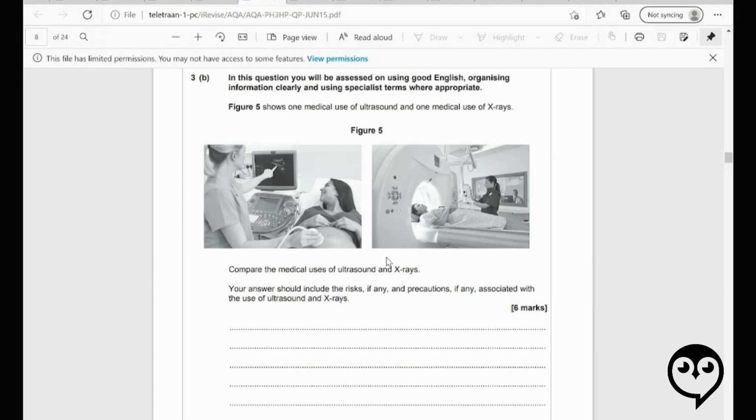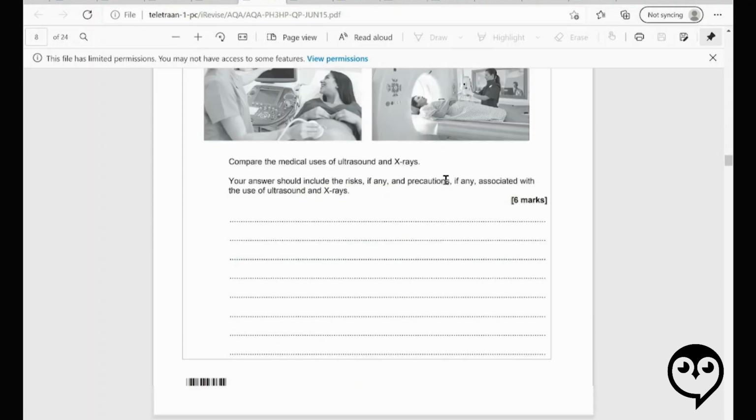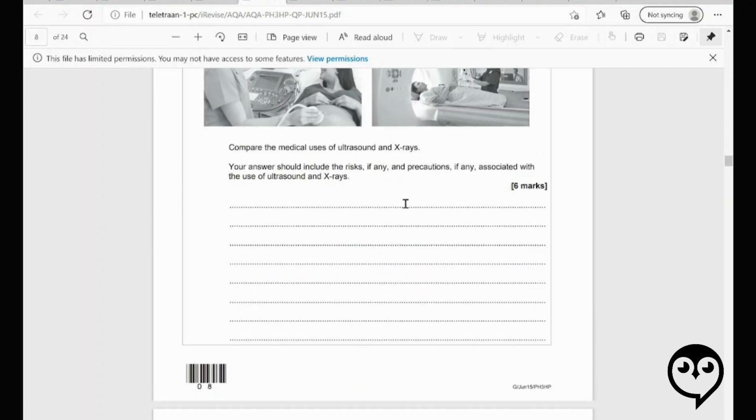And, of course, the precautions there would be you don't want to have too many X-rays in a certain amount of time. Even pilots need to limit the amount of hours in flight time because going up in an airplane exposes you to more radiation than normally on the surface of the Earth. So limit the time, stand behind a shield, leave the room when operating, that sort of thing. And I think we've got it kind of covered. It would be along these lines.